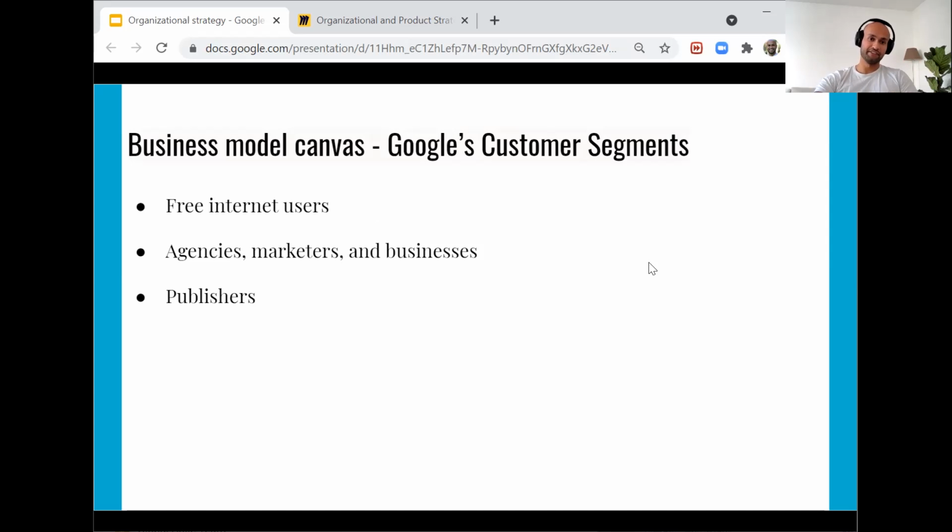Then they also have agencies, marketers, businesses, those who are bringing the big bucks to Google as agencies, as marketers, as businesses, as part of their ad network. They're driven by the fact that Google is an incredible source of getting targeted and qualified ads, right? So they know that if they put their ads to Google at a very low cost, it will then be shown to the relevant people.